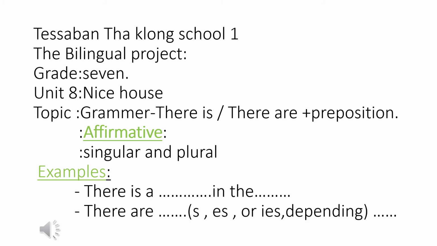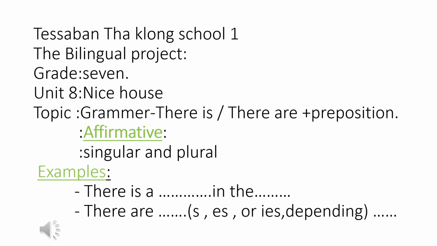So you shouldn't forget, when do we use there is and there are? We use there is when the noun is singular. There is a chair in the sitting room. A chair meaning one chair. But I would say there are chairs in the living room.